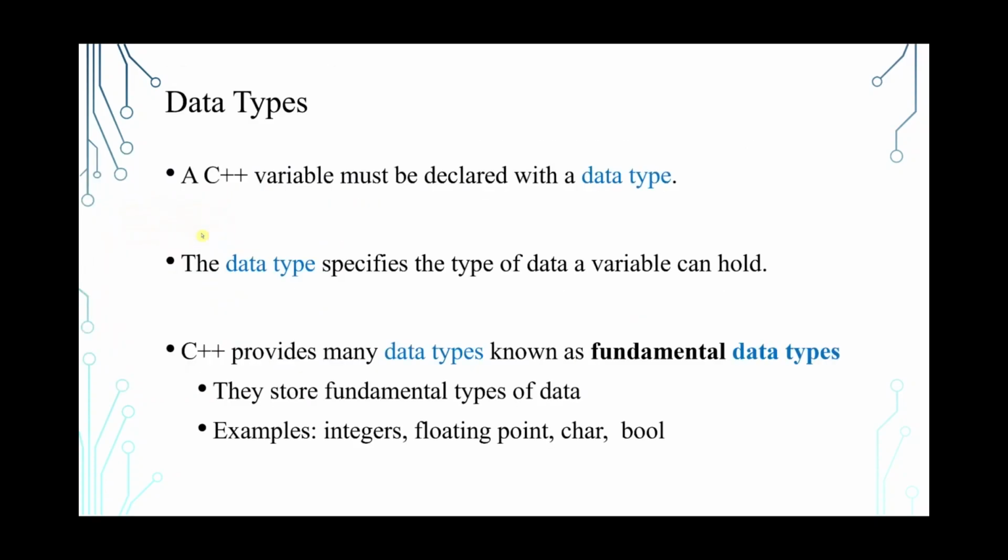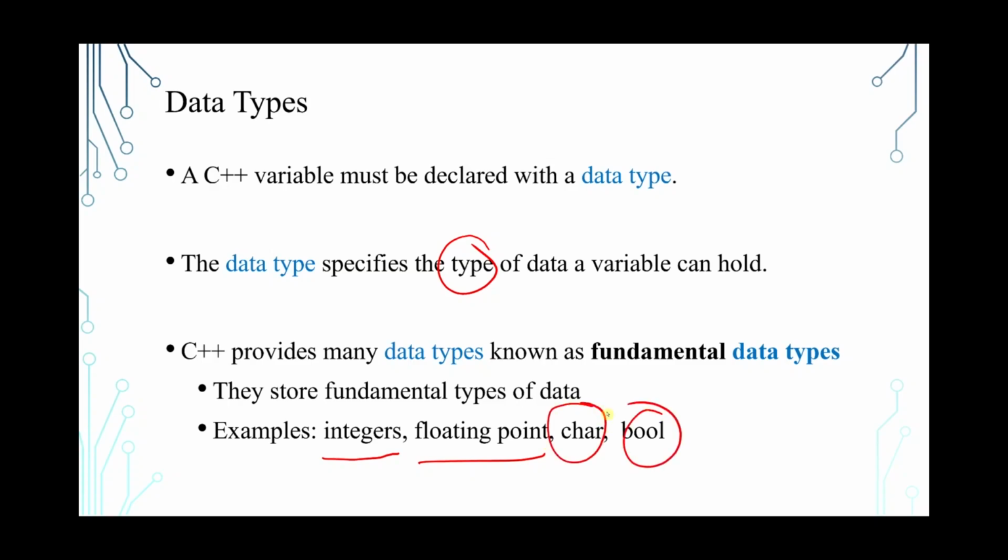So, data types. A C++ variable must be declared with a data type. The data type specifies the type of data a variable can hold. So you're asking now, what could a type of data be? It could be integers representing whole numbers, floating point numbers, continuous numbers, characters, or boolean.